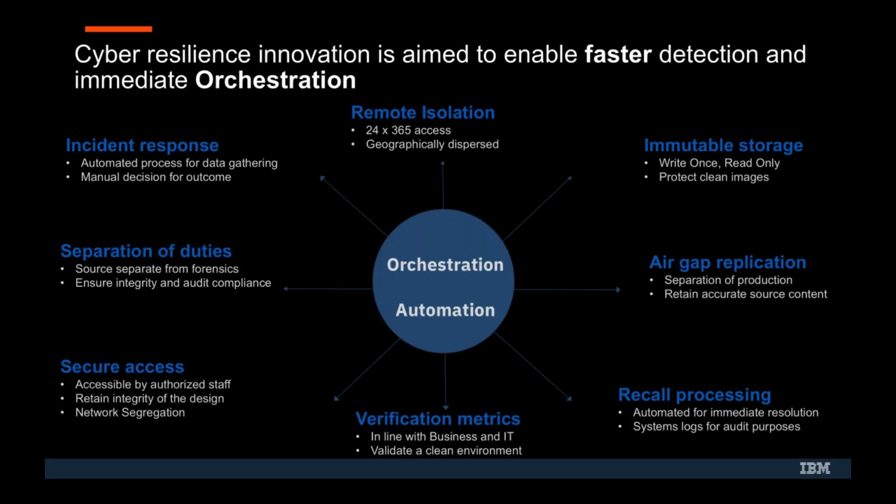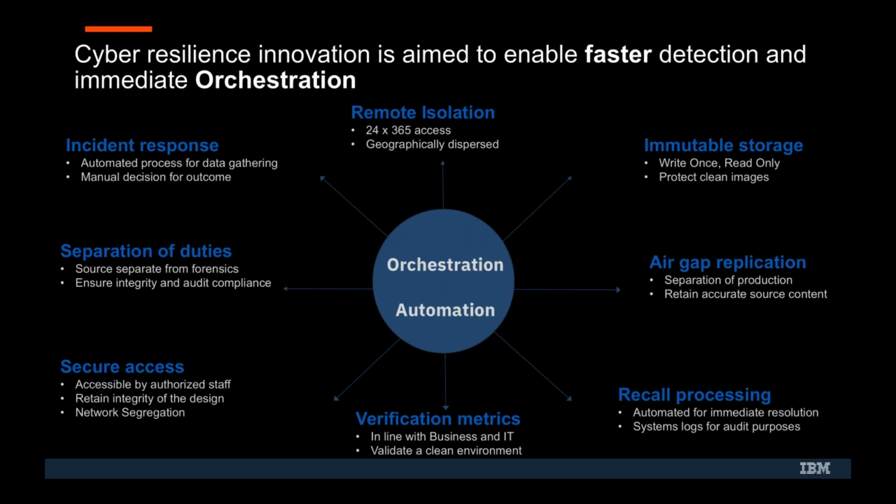The key that I want to get across in this presentation is that faster detection and nearly immediate orchestration are critical. And so as you look at some of the different areas that you need to be thinking about, those are the ones that I think it's most important to focus on.